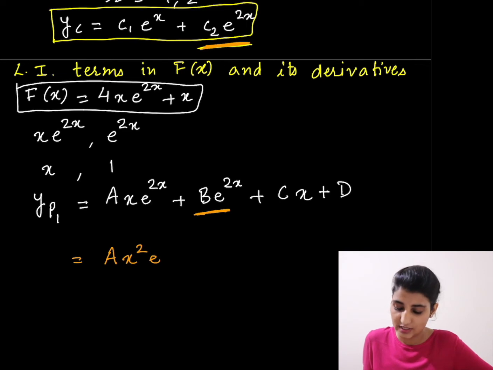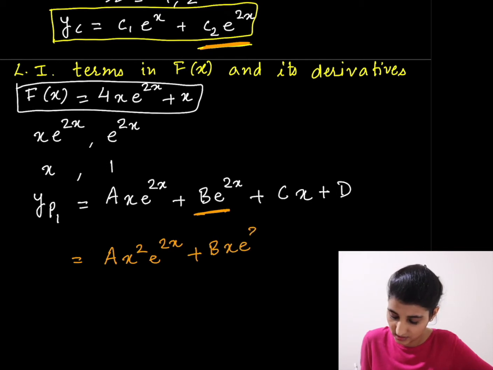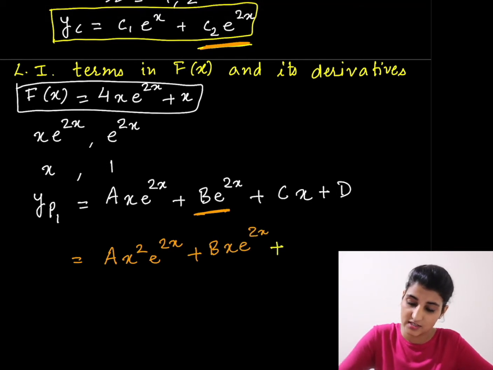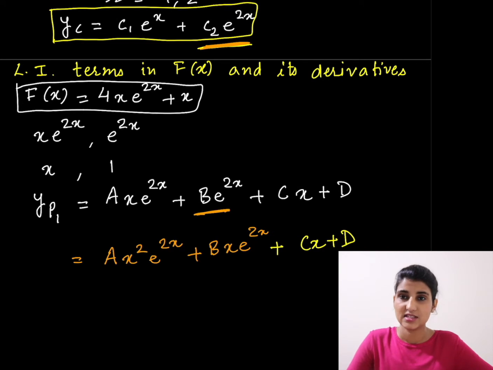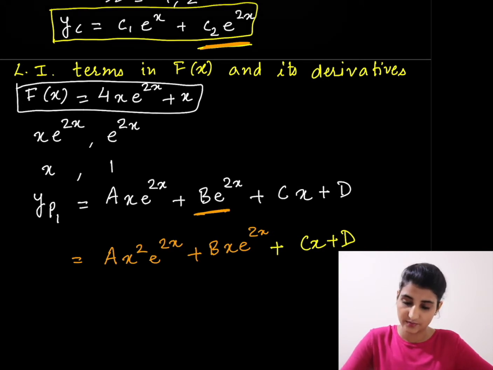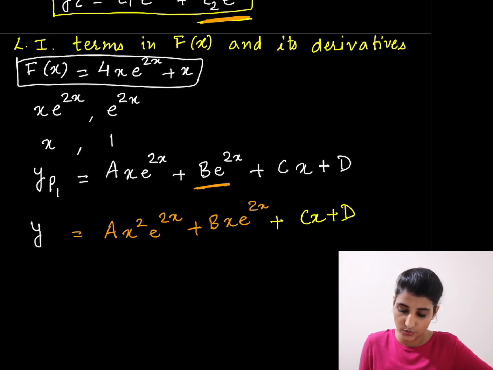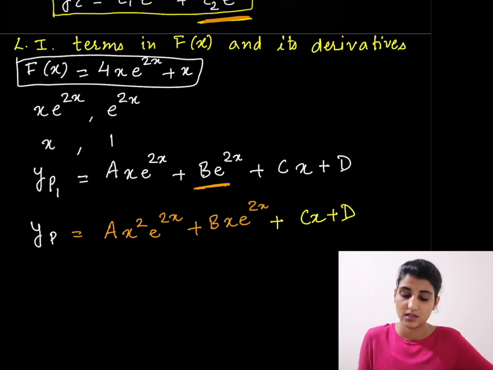So we need to multiply by x and we will get this. Note here we are just multiplying by x the factor which corresponded to x times e power 2x. And there is no duplication now, so this we will call our yp.